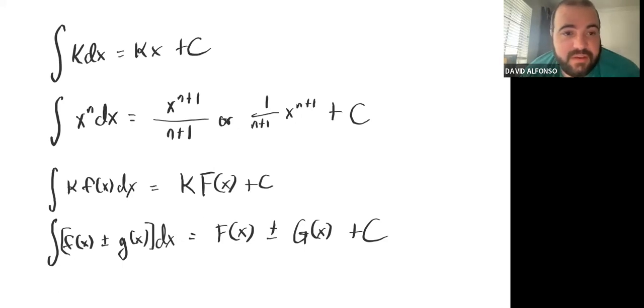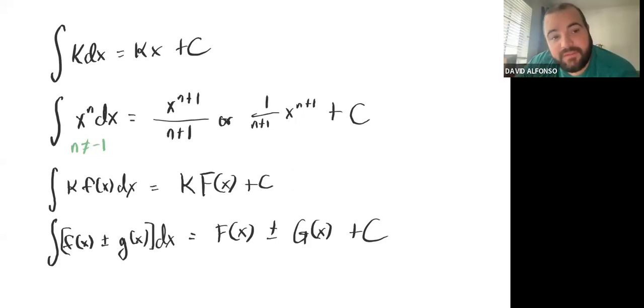And then basically you need to know there's also, of course, the other special ones. Oh, I forgot to mention here, the power rule of integration only applies if n is not equal to -1. This rule works for any other exponent with the exception of -1.